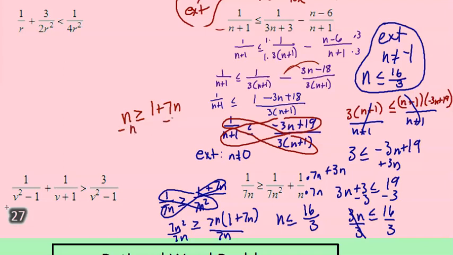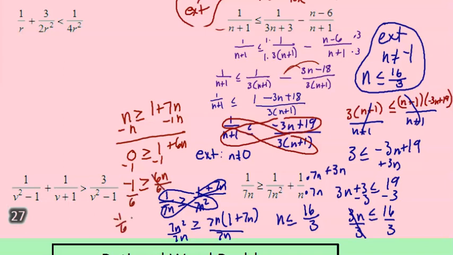Okay, let's subtract n. We get 0 is greater than or equal to 1 plus 6n. Let's subtract 1 to each side. Negative 1 is greater than or equal to 6n. Divide each side by 6. So negative 1/6 is greater than or equal to n.